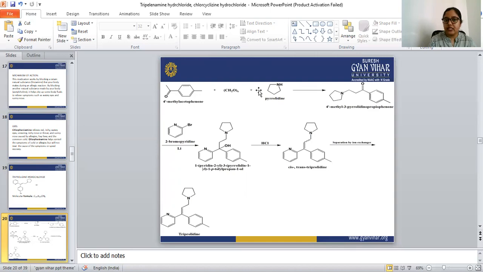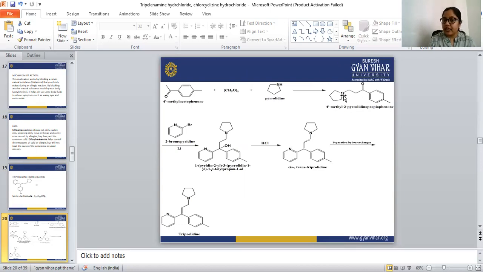These three reagents react together and form 4-methyl-3-pyrrolidinopropiophenone. When these three reagents react together, this is the product we get.